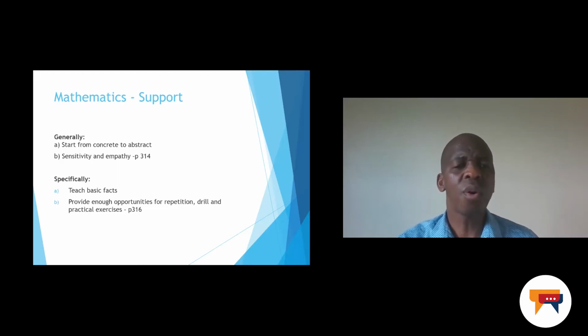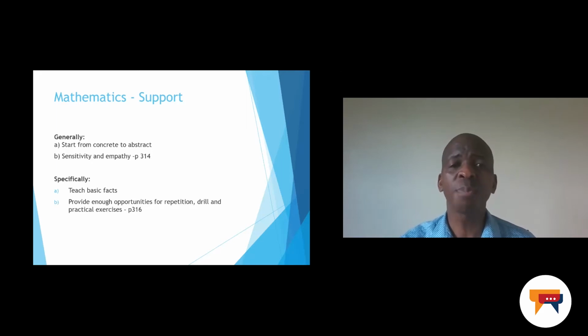There are also specific ways of dealing with specific problems in mathematics. You find that on page 316 of your study guide, where you have to teach basic facts, and provide enough opportunities for repetition, drill if it's important, and practical exercises. Repetition is important to some students.